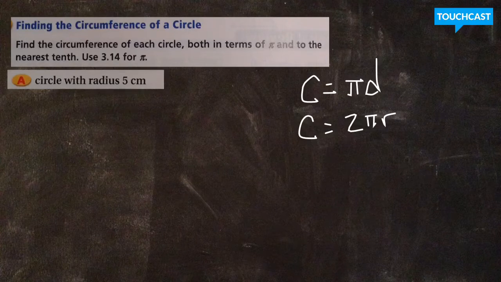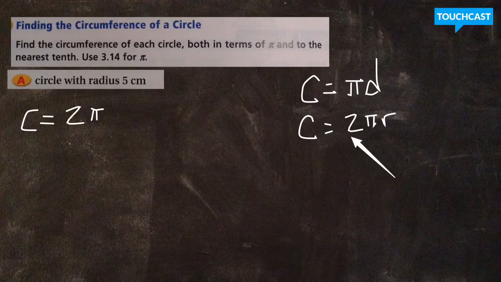So were we given the radius or were we given the diameter? Well, with a circle with radius 5 centimeters, we were given the radius, so we're going to use the second formula. C is equal to 2 times pi times r. So if we're going to write this in terms of pi, the circumference is equal to 2 times pi times 5.